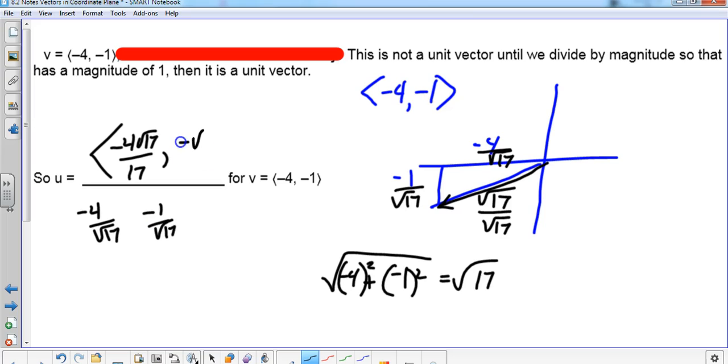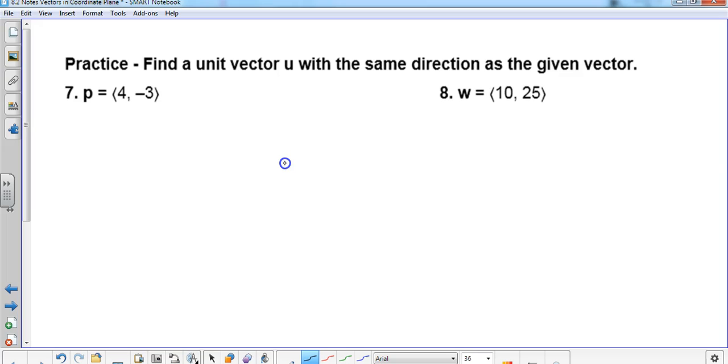Yep, negative square root of 17 over 17. So these don't turn out very nice, but that's all you're doing: taking the xy components and dividing by the magnitude to make it 1 unit along the vector length. So this one actually is one of the few that will come out nice, right? If we go over 4 and down 3, what's the hypotenuse?